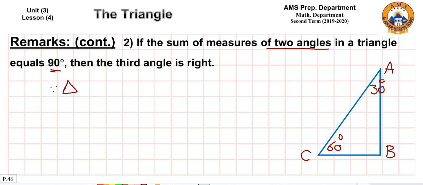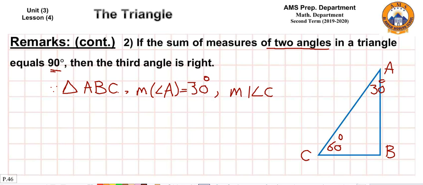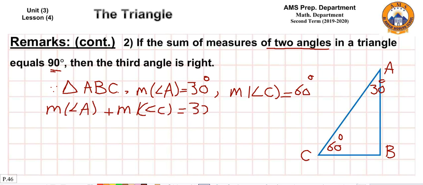Since in the triangle ABC, measure of angle A equals 30 degree and the measure of angle C equals 60 degree. Let's find the sum. Measure of angle A plus measure of angle C equals 30 plus 60, which equals 90 degree.